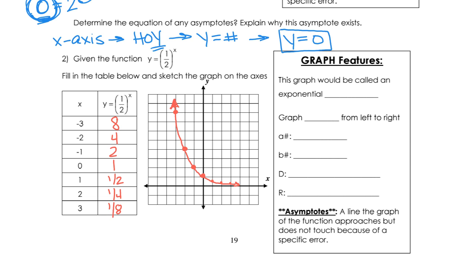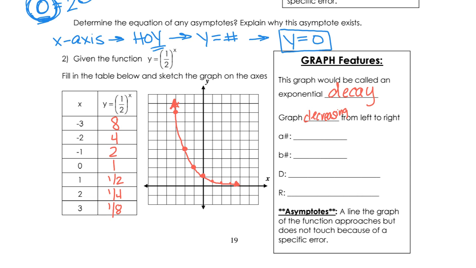Arrows on the ends because they do keep going. All right, so this graph would be called exponential, and hopefully you guys know that this is decay. The graph is decreasing from left to right.